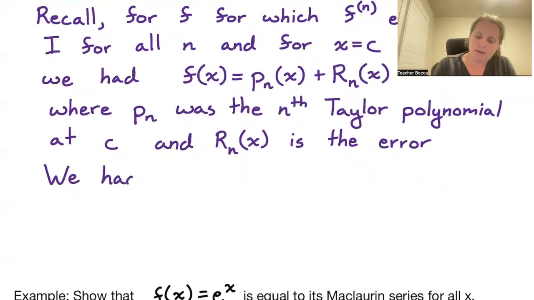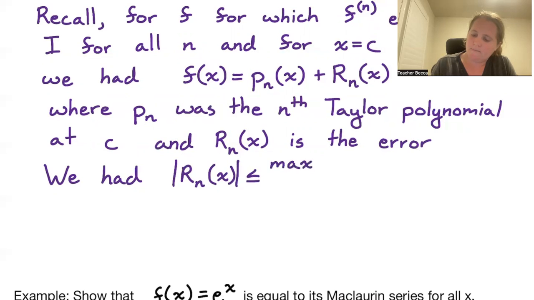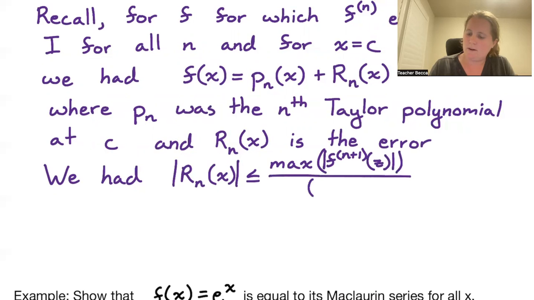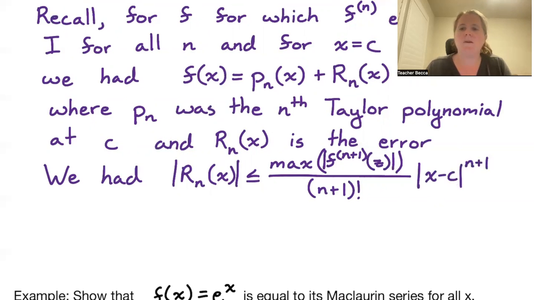We had that absolute value of r sub n of x was less than or equal to the max of the absolute value of the n plus first derivative evaluated at z, all over n plus 1 factorial times the absolute value of x minus c to the n plus 1, right?